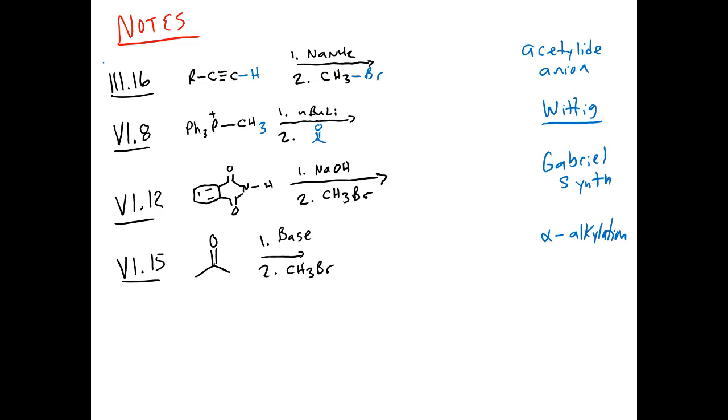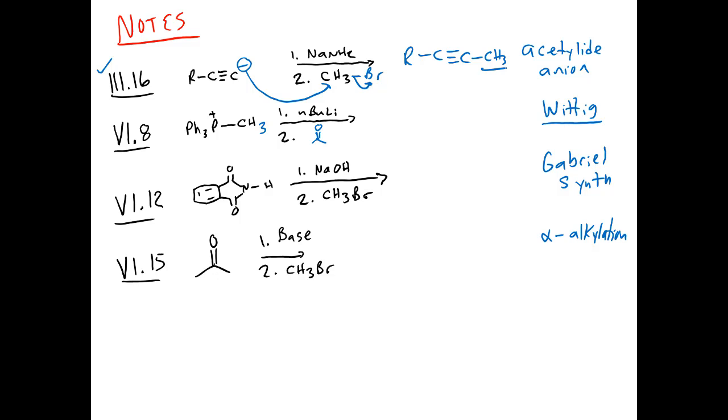The first instance where we use this strategy of using a base to make our nucleophile and then doing a nucleophilic reaction, I think came way back in lesson 3.16 when we discussed that a base could be used to deprotonate a terminal alkyne by taking away the most acidic proton and then using that as the nucleophile in an SN2 reaction. So that as a net result, you would get the new internal alkyne from the terminal alkyne you started with.